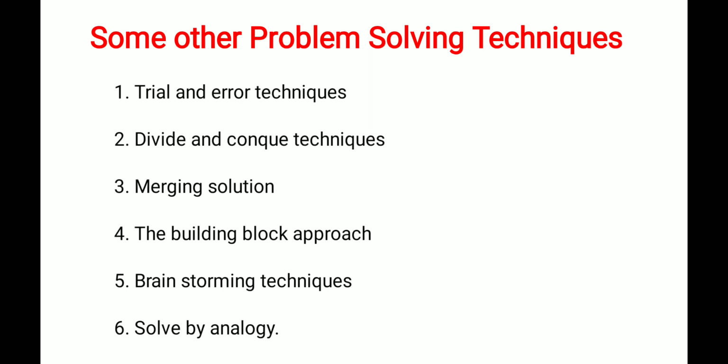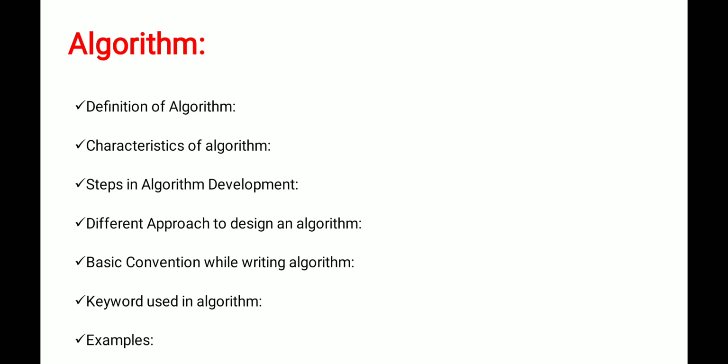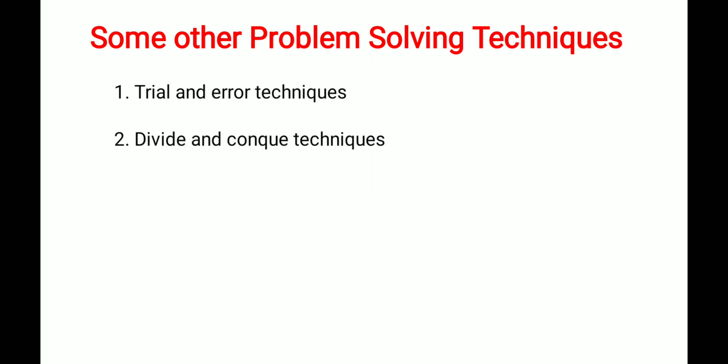Okay. Now here we learned what exactly the problem is, and that there are various problem solving techniques. The basic problem solving techniques are algorithm and flowchart. Apart from this, there are 6 problem solving techniques. So in the next lecture we'll go for the other part, that is algorithm, data structure and program.